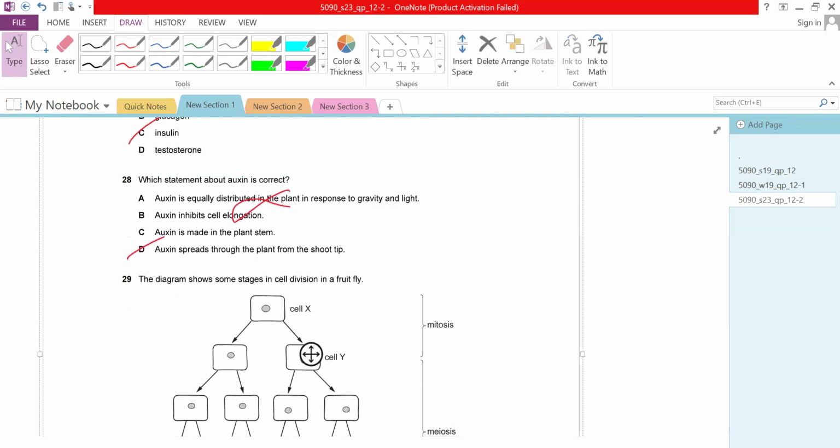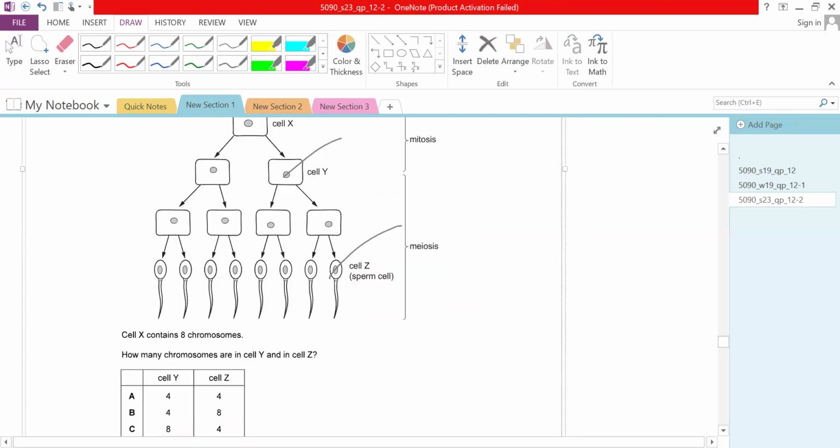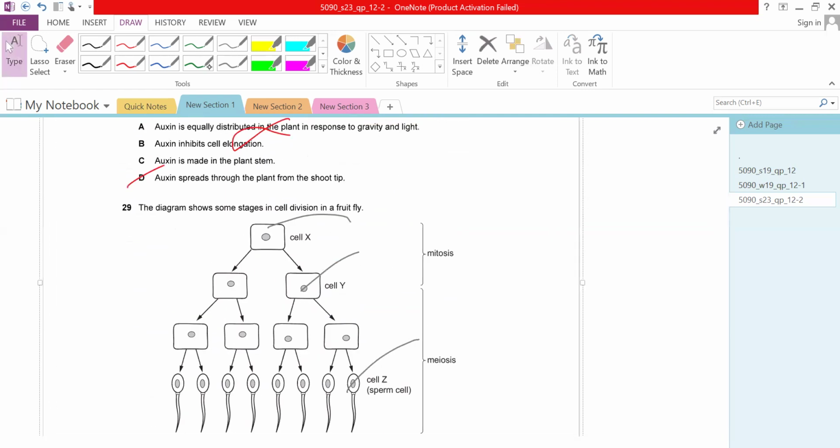Through mitosis, cell Y is produced, and it also has 8 chromosomes.